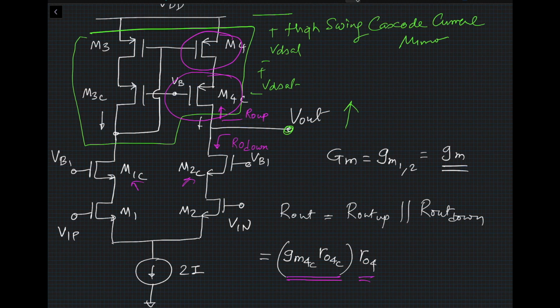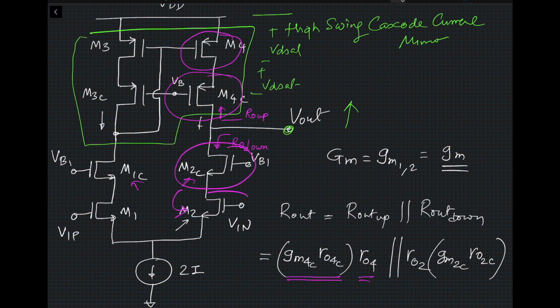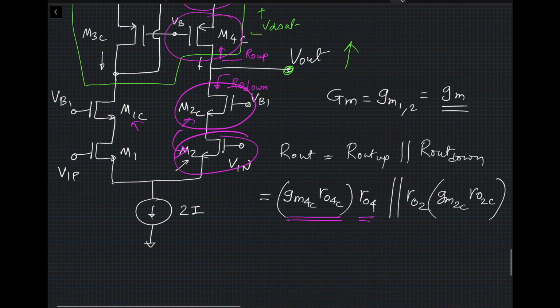And this goes in parallel with, again, here we look at RO2, which is the R out of the M2 transistor, and that gets multiplied by GM2C, RO2C. The gain of this transistor, the GM R out, will multiply with the R out of this transistor. So this is something that we have already done for cascodes and should become second nature for you when you observe it.